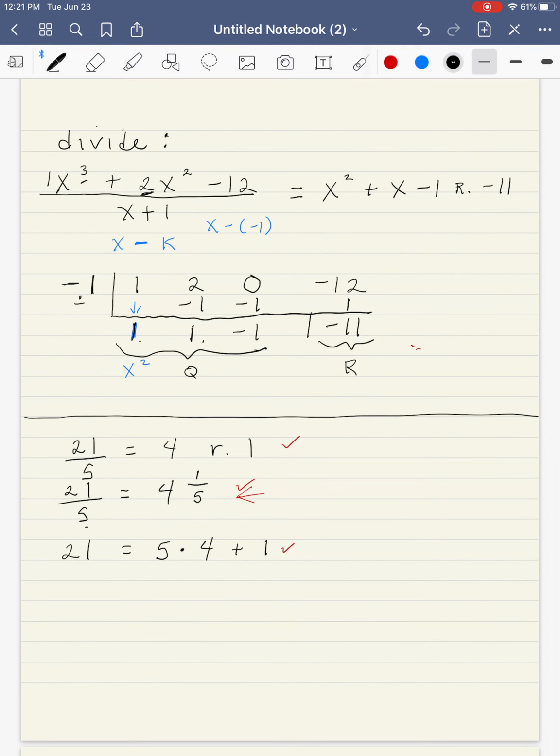So it gives me the same information, it's just writing it in a slightly different format.